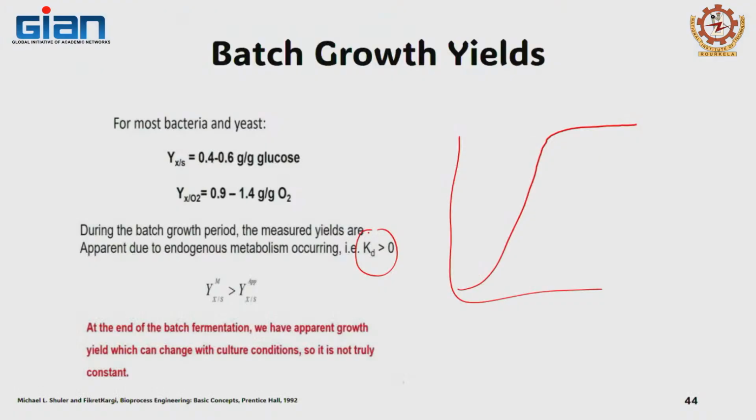If the Kd term is greater than 0, the yield that you get at the very end of the batch reactor changes. Let us say this is my reactor, I put everything in, and I was supposed to open it after 1 hour.